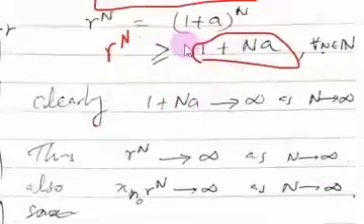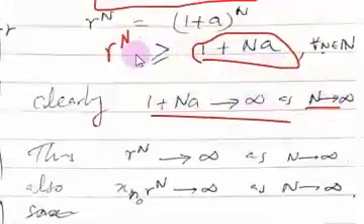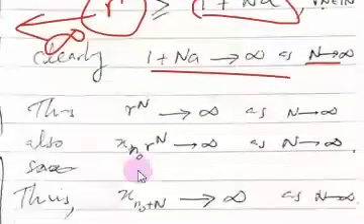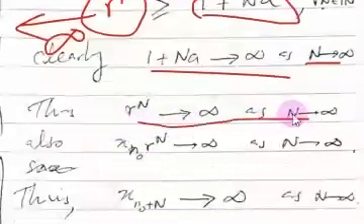So this is trivial, right? As uppercase N goes to infinity, what happens to this term? This term goes to infinity. That means this number is bigger than this number, so this one also goes to infinity as uppercase N tends to infinity.